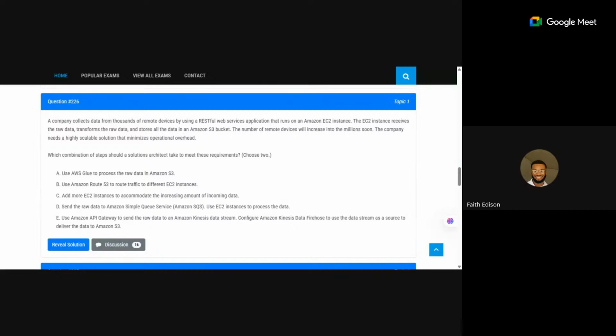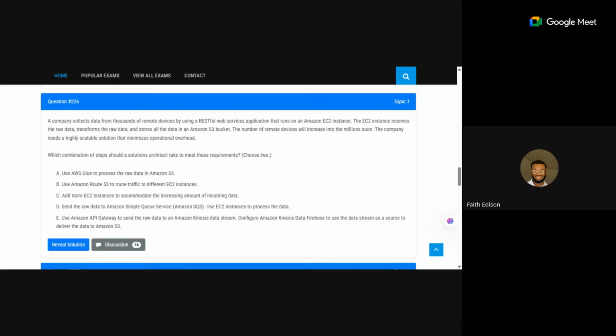A company collects data from thousands of remote devices by using a RESTful web services application that runs on EC2. The EC2 receives the raw data, transforms the raw data, and stores all the data in the S3 bucket.